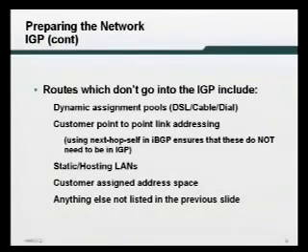So you can use things like next-hop-self, that's one way to get around it, or you can stick all your /30s into your iBGP if you need reachability for those too. Static or hosting LANs, don't put those into the IGP because they're just static networks. Customer assigned address space, obviously you've got your own address blocks, you're going to give some to your customers for them to use, don't put that in your IGP.